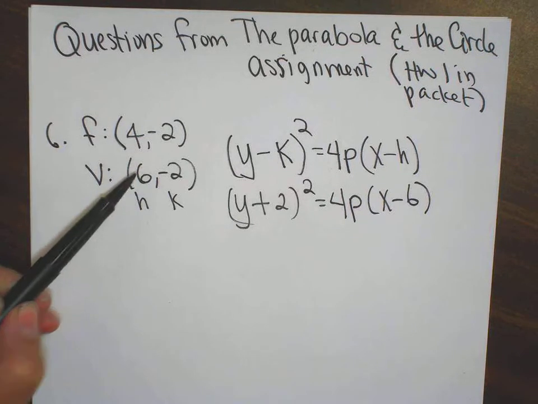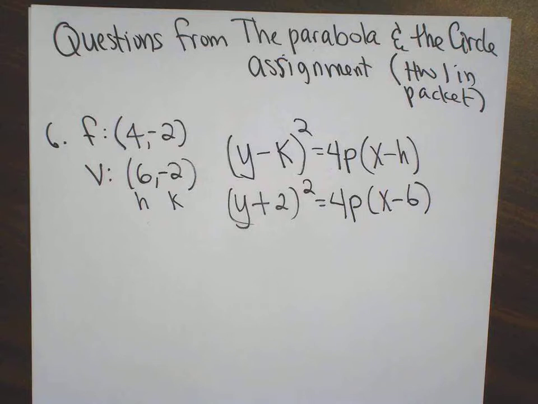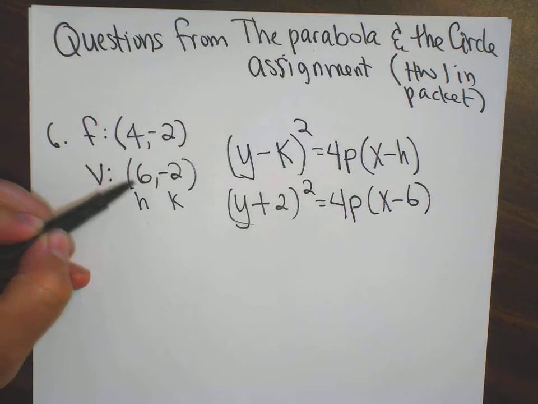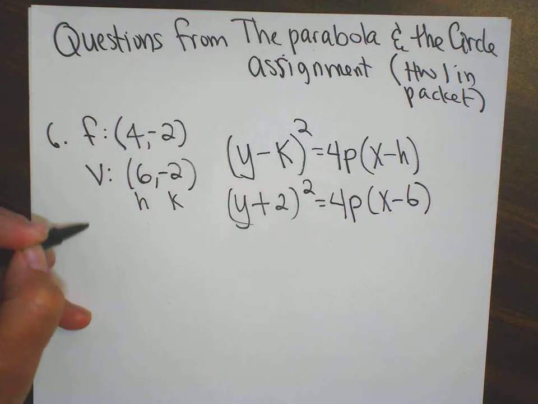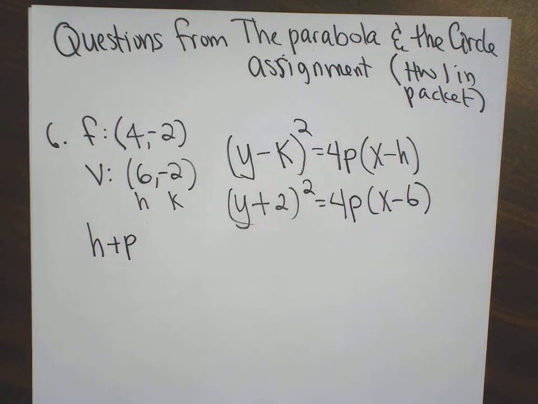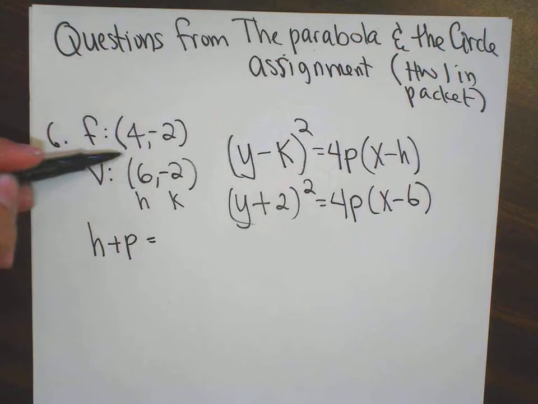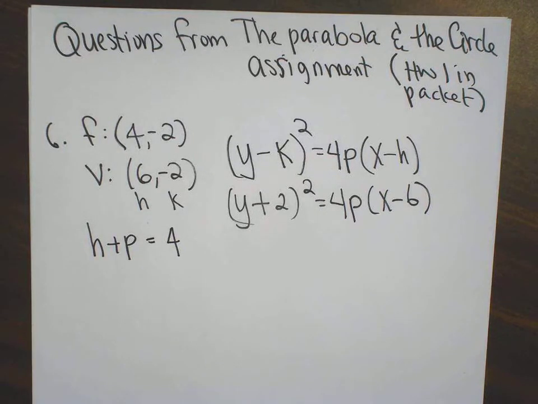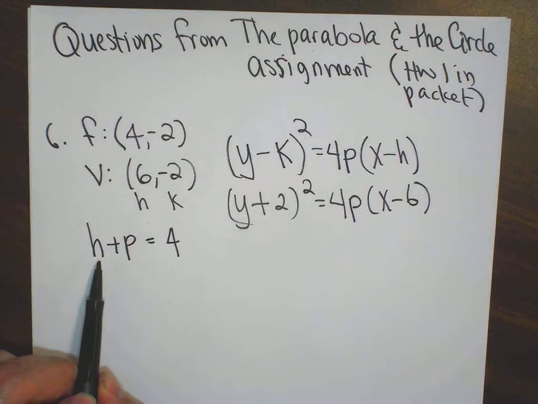So we can either plot this out and think it through, or we can say, when I go from the vertex to the focus, I'm doing h plus p. That's going to equal 4. And when I'm doing the directrix, it's h minus p, right? So do I know what h is?